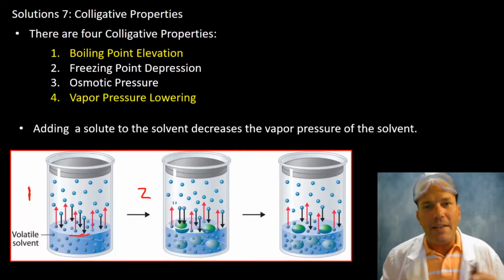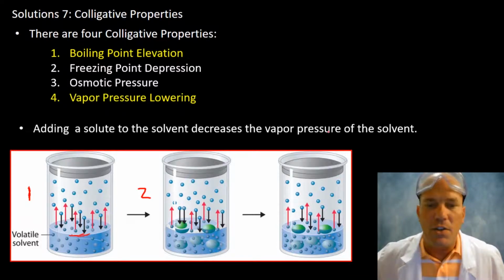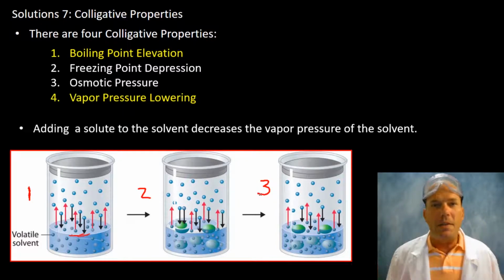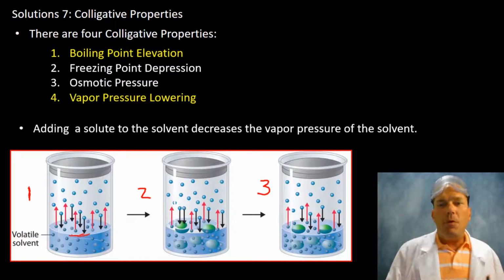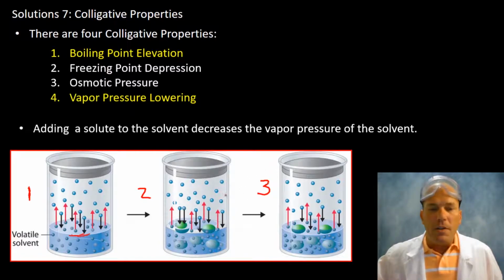All right, so what that does is it leads to a shift in equilibrium, something we will get to at the end of this course, but I can still throw out the word. All right, that will lead to a shift. And what you're going to see overall is the vapor pressure here is much lower.